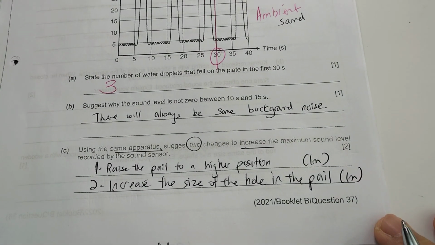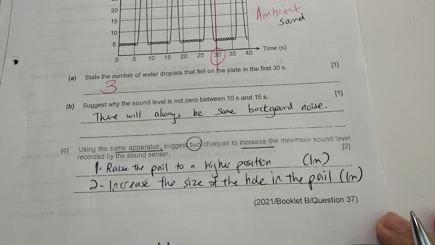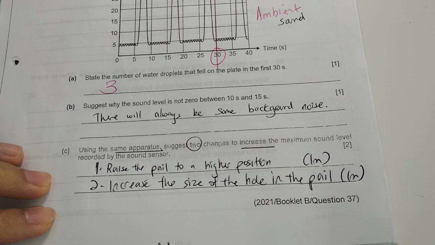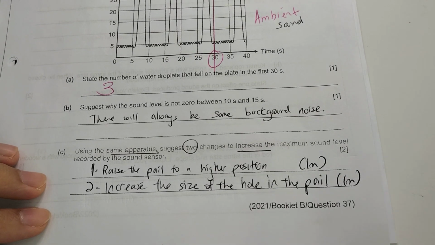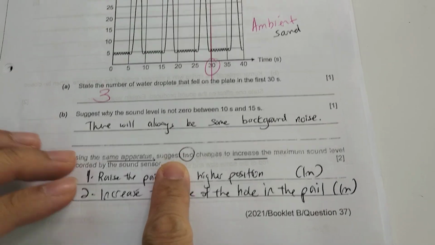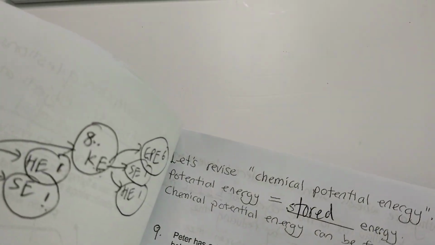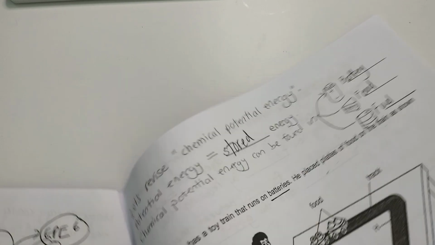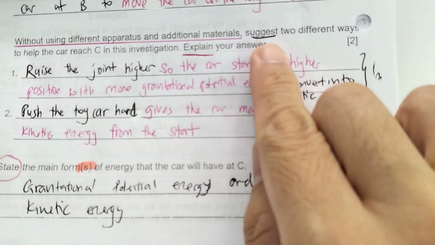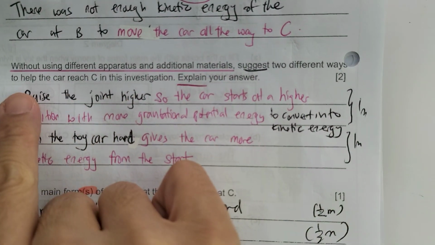Now, if I'm asked to explain, I can explain. But since I'm not asked to, let's not waste time. Let's focus on other questions in the exam. So be very clear what you're asked to do. Like the earlier question, there was one question that asked you to suggest 2 different ways and explain.